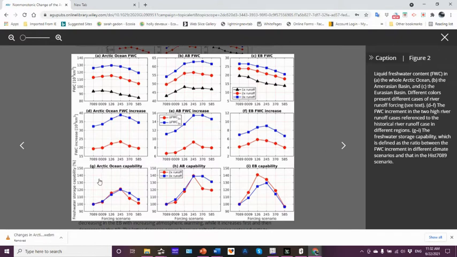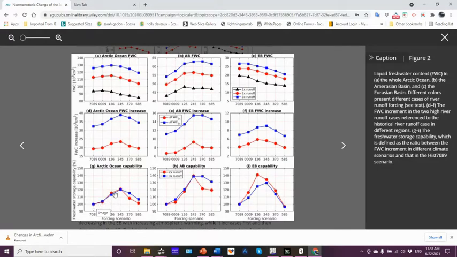Now, the last row here is freshwater storage capability given as a percent. The freshwater storage capability is defined as the ratio between the freshwater increment in different climate scenarios compared to the historical 1970 to 1989 time period. As to be expected, if you're comparing it to the 1970-89 historical time period, you would expect to see a value of 100%.